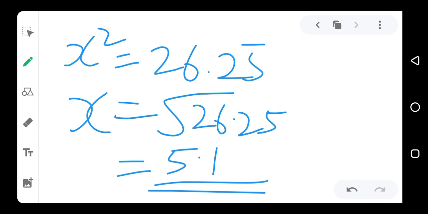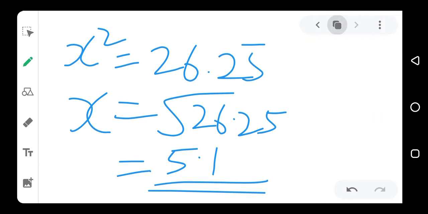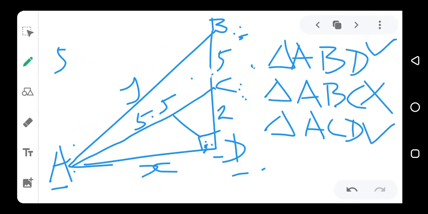So x for this triangle is 5.1. Now we look for y.